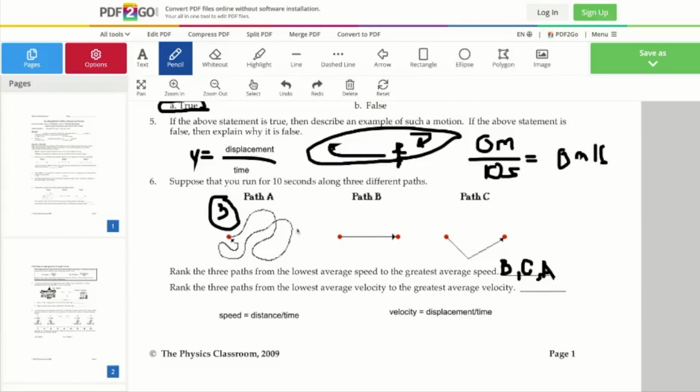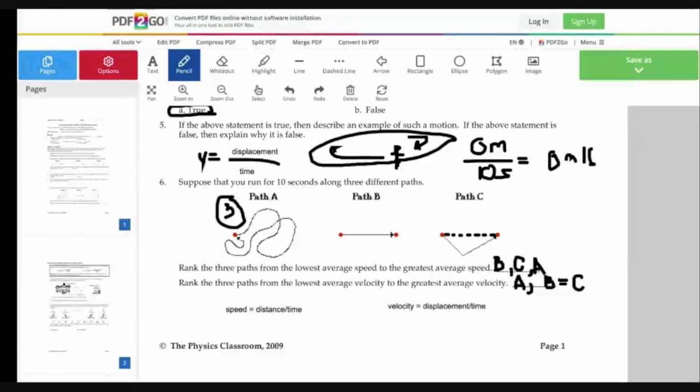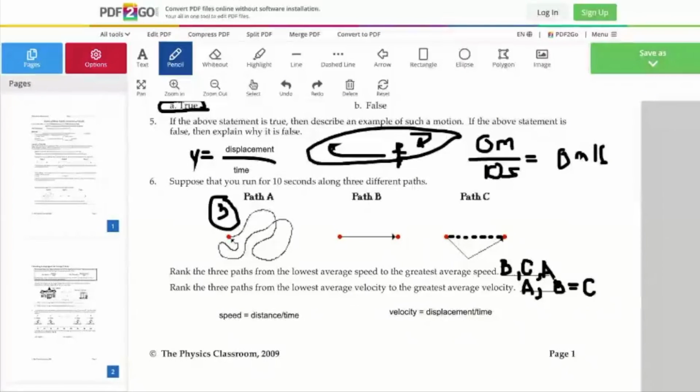But if you look at path A, the displacement would be 0 because it comes back to the same place, or at least from what I can see, it's 0, right? And path B and C look about the same. So path B and C would have the same average velocity, and path A would have the lowest average velocity. Yeah, what Meryl wrote. Does that make sense, everyone?